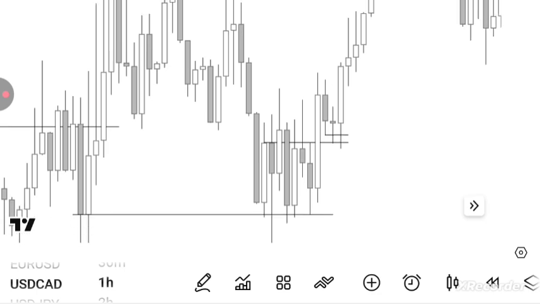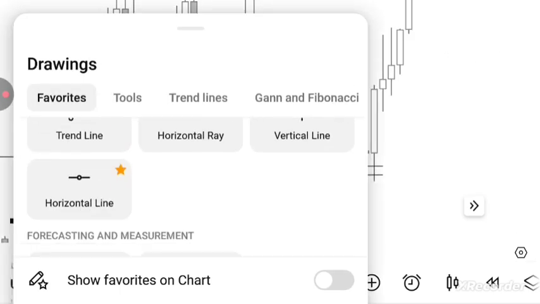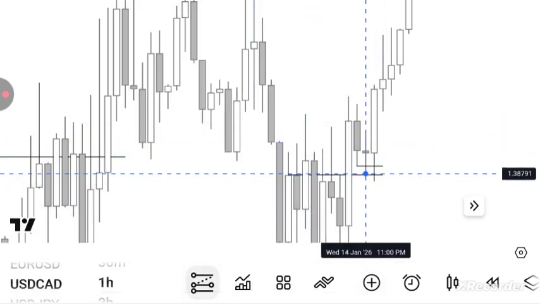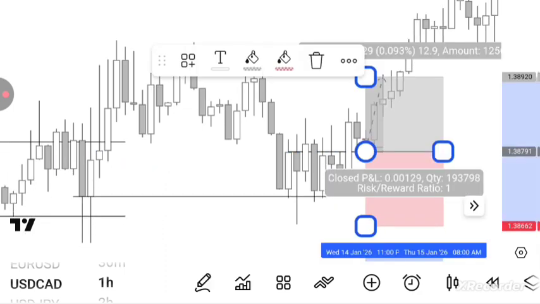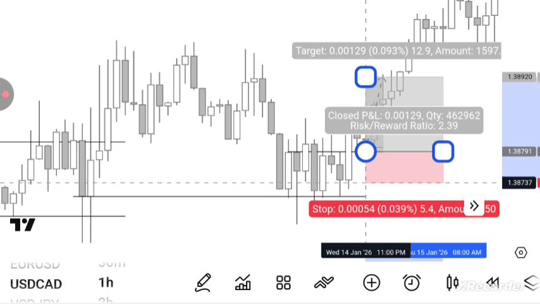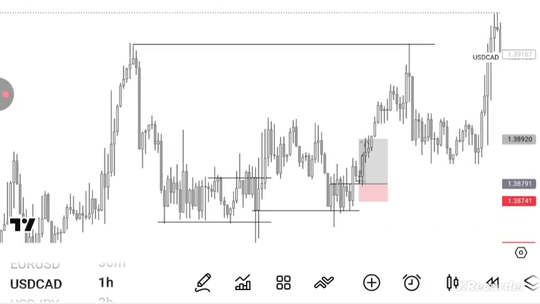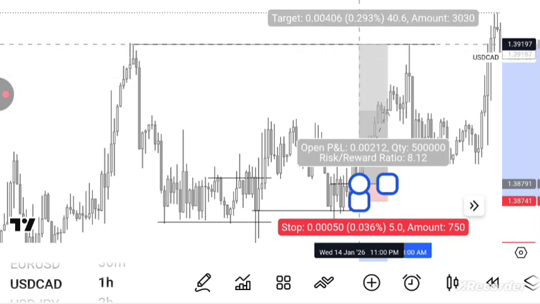So this was where our first buy happened. Our entry would have been from this particular level here, then stop loss probably this low here, which would have been 5 pips stop loss, then target at this CRT high.